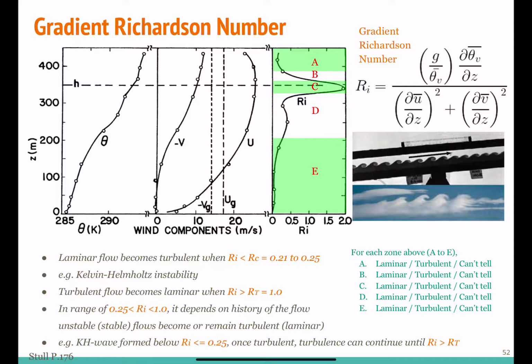Okay, what if the gradient Richardson number is between 0.2 something and 1? Then it depends on the history of the flow. If the flow was originally laminar, then it would keep being laminar. If the flow was originally turbulent, then it would be turbulent even though the gradient Richardson number is between these two values.